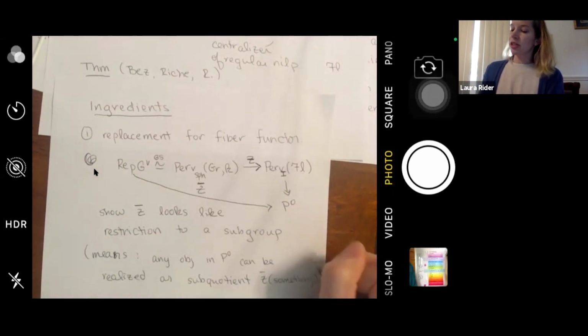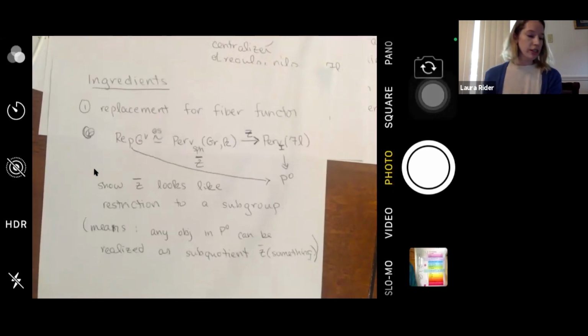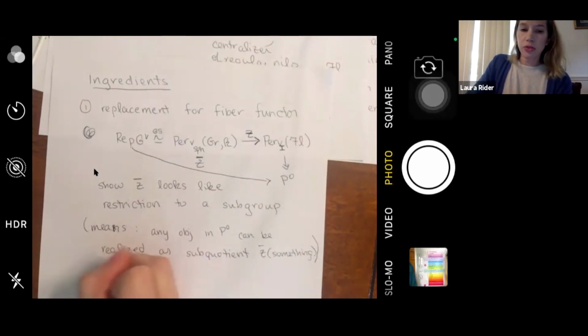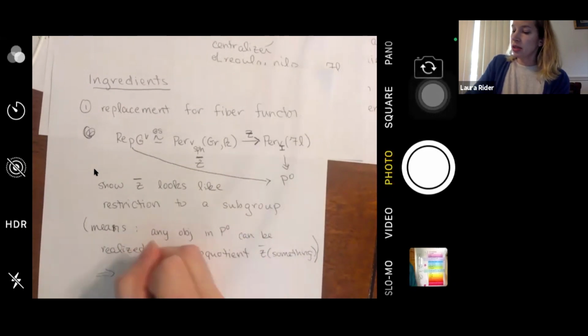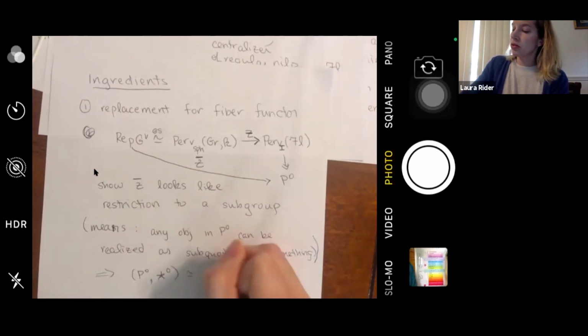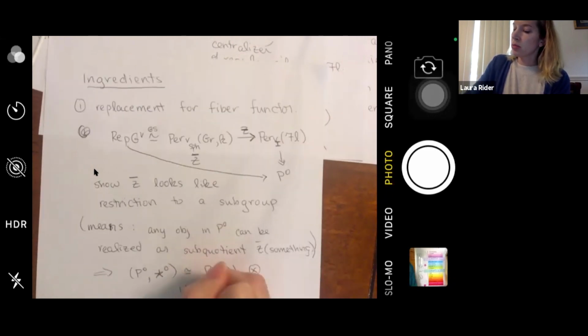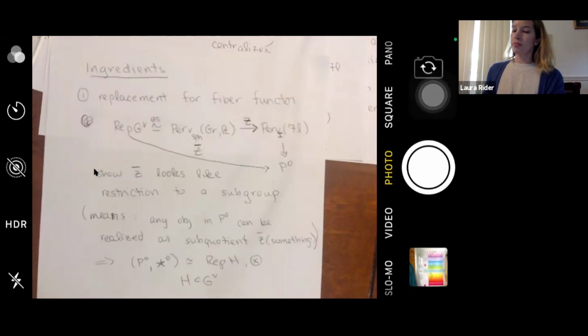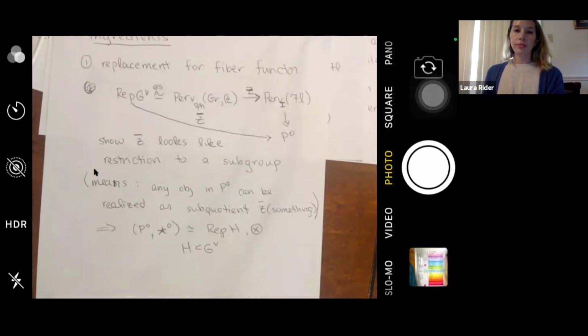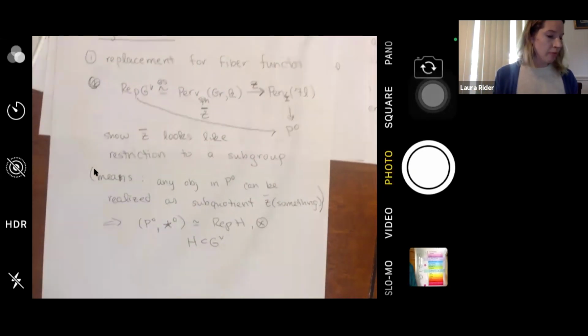So that's essentially a faithfulness property. Okay, so this allows us to deal with the first issue. So we get representations of some group, and it's a subgroup of the dual group.